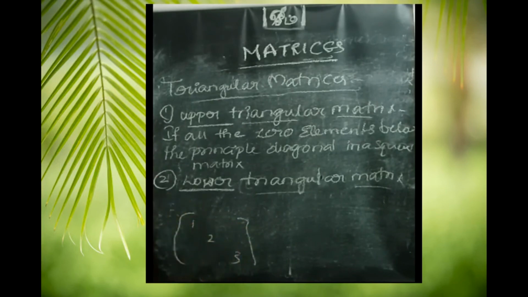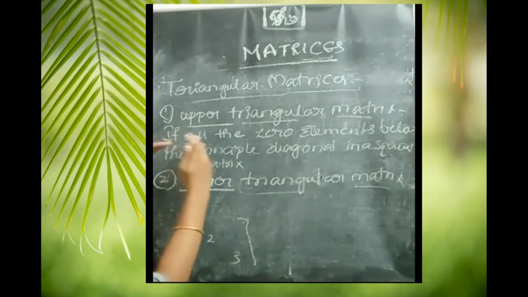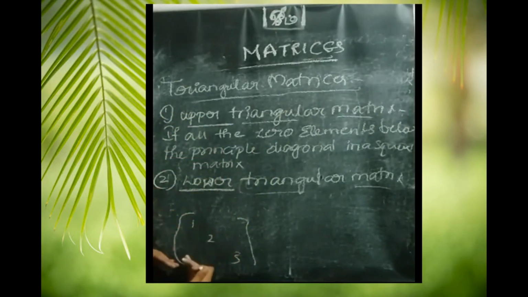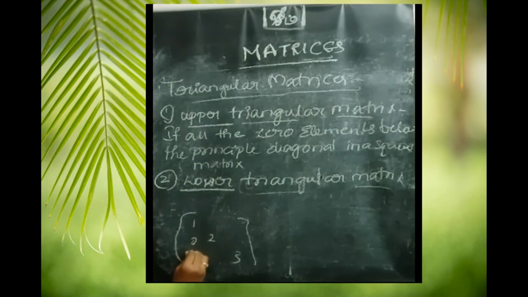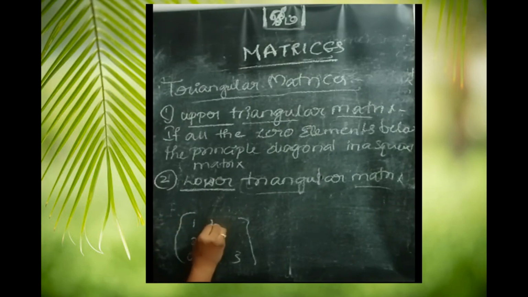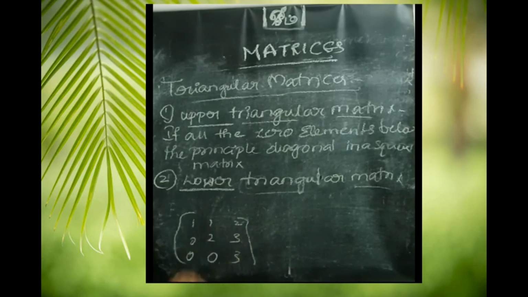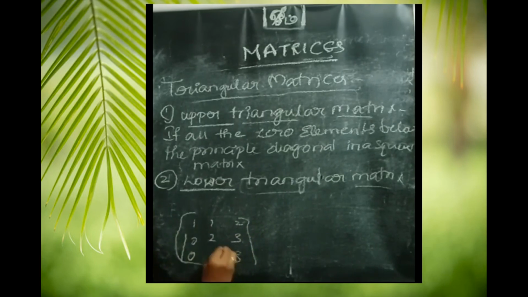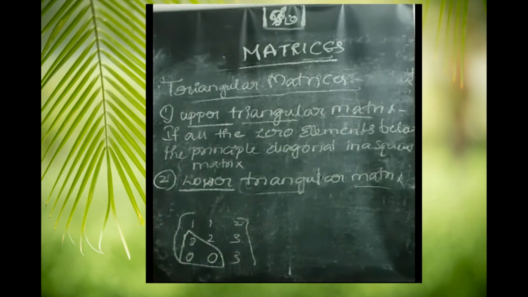Here below means don't confuse. Upper triangular matrix means below. If below the principal diagonal are zero elements, it may be either here 1, 2, 3. Okay. This is the upper triangular matrix.